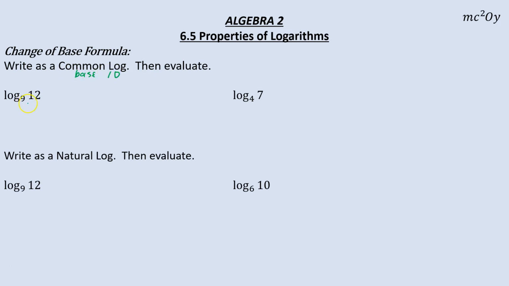So log base 9 of 12, writing that as a log base 10, the base goes to the basement. So we'd have log of 12 over log of 9, and we divide those. It's 1.1309.